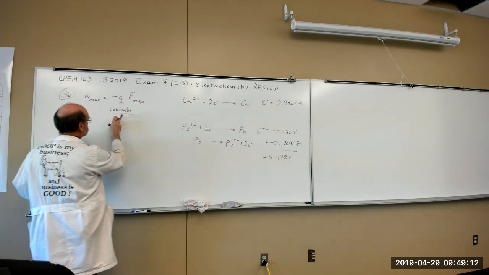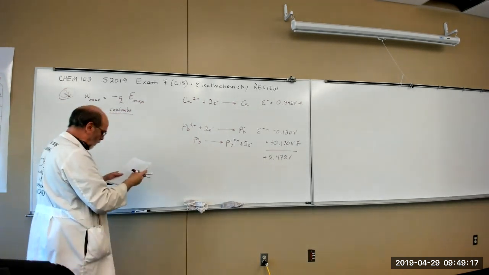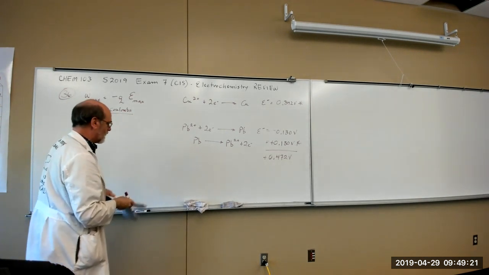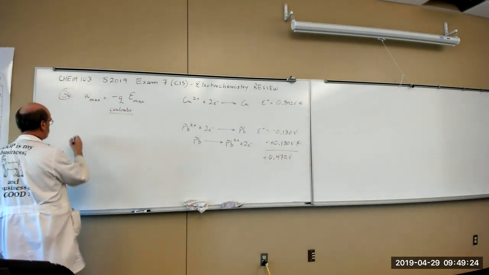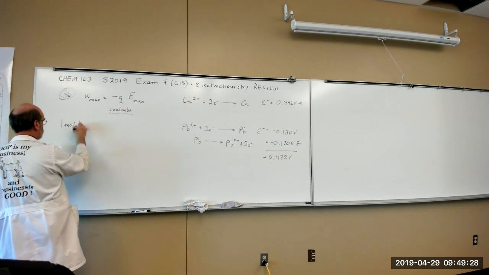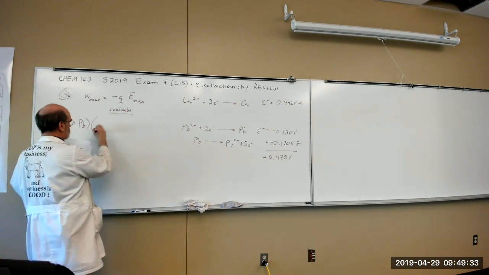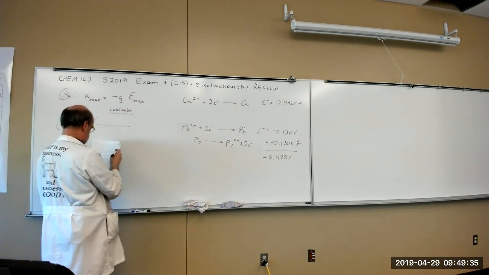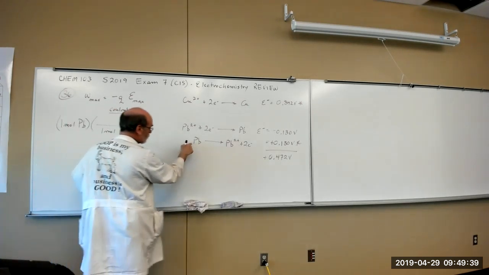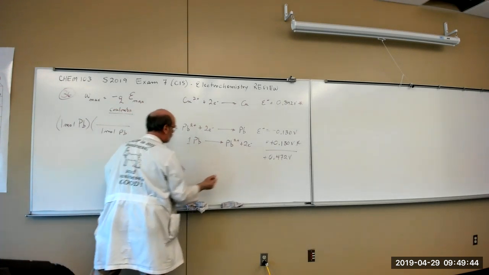And now we need to find out with 1 mole of lead, what charge does that represent? This is dimensional analysis. So 1 mole of lead is related to 2 moles of electrons.